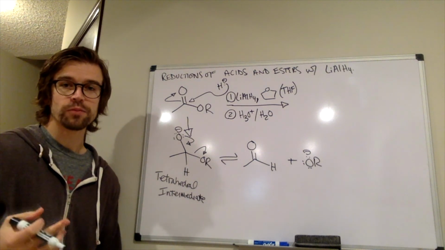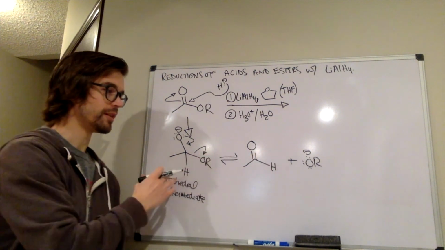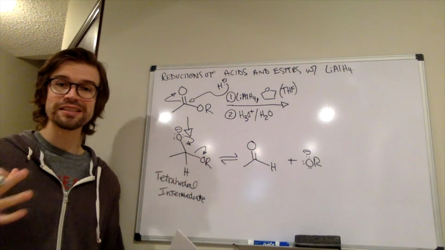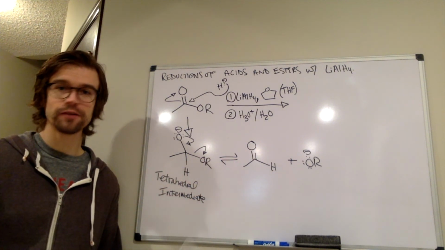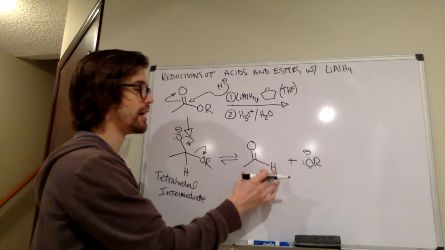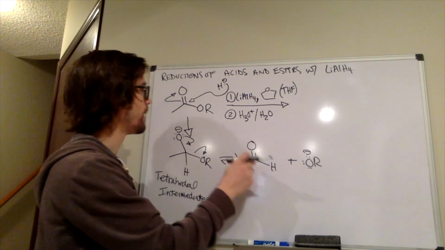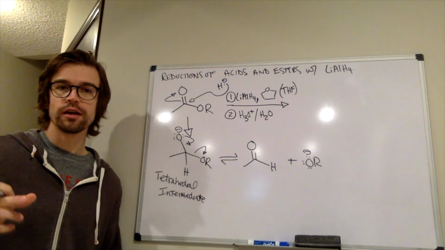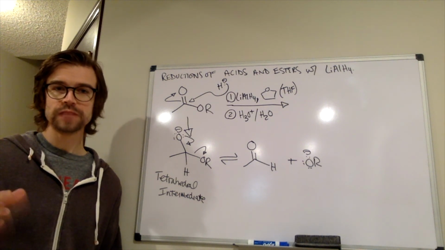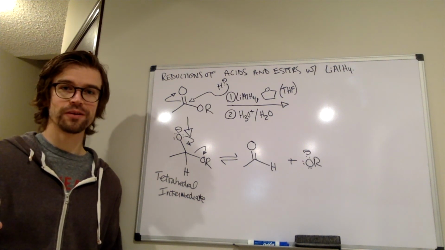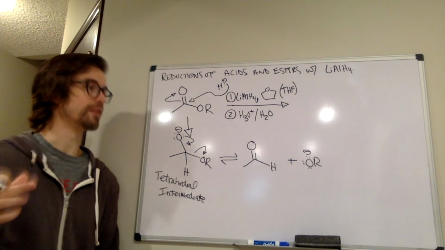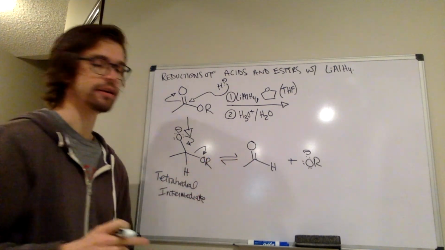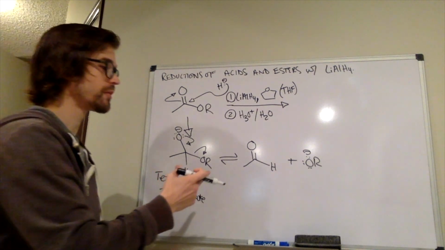In fact, the equilibrium might be a little bit to this side or a little bit to that side, but it really doesn't matter that much which side it is on. Why doesn't it matter? Well, we have an aldehyde now. And what's more reactive, an aldehyde or an ester? We just talked a lot about how the esters, amides, and acids are less electrophilic than the ketones and aldehydes.